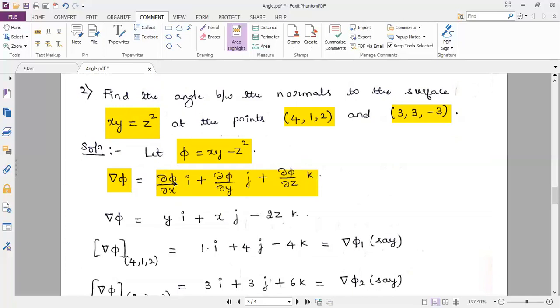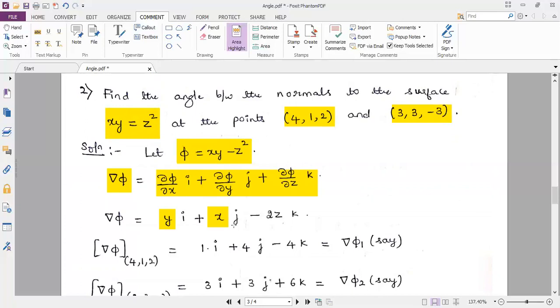Substituting, the partial derivative of phi with respect to x is, writing y as it is, differentiation of x is 1. Differentiation of minus z square is 0. So we just get y into i cap. For the j component, differentiate partially with respect to y, write down x as it is.